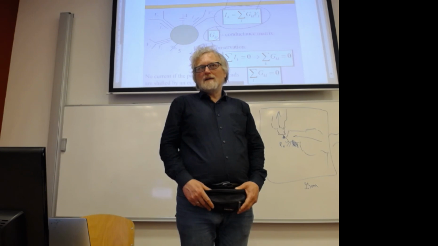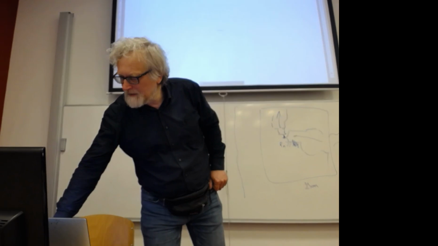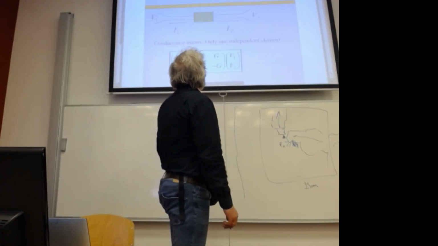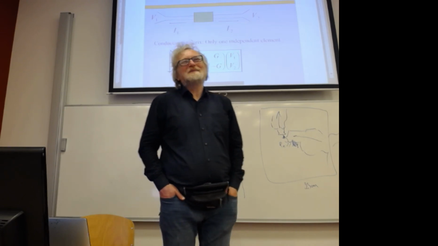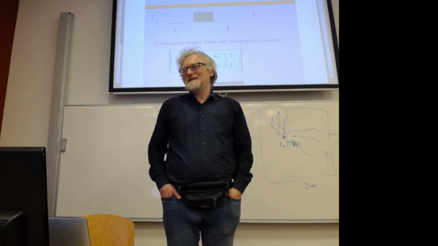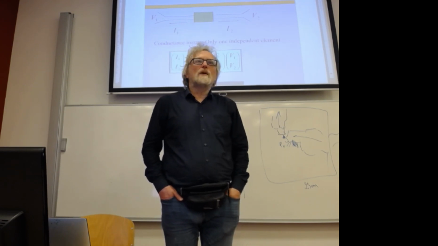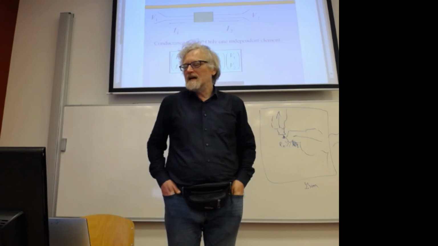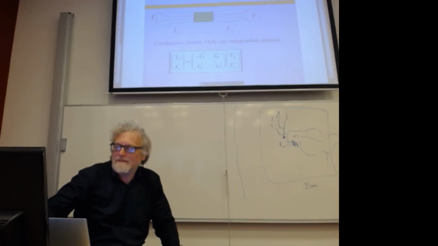Good. How to reconcile it with what we know about two-terminal structure? Right. So conductance matrix in two-terminal setup is actually a 2 by 2 matrix. But owing to properties I just described, this 2 by 2 matrix has only one independent element.